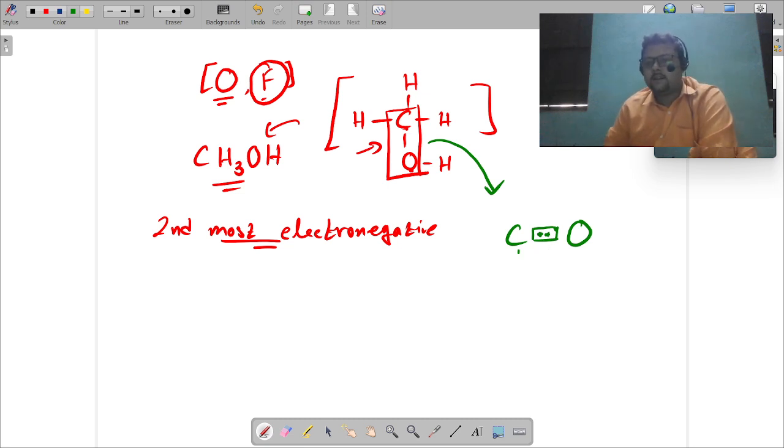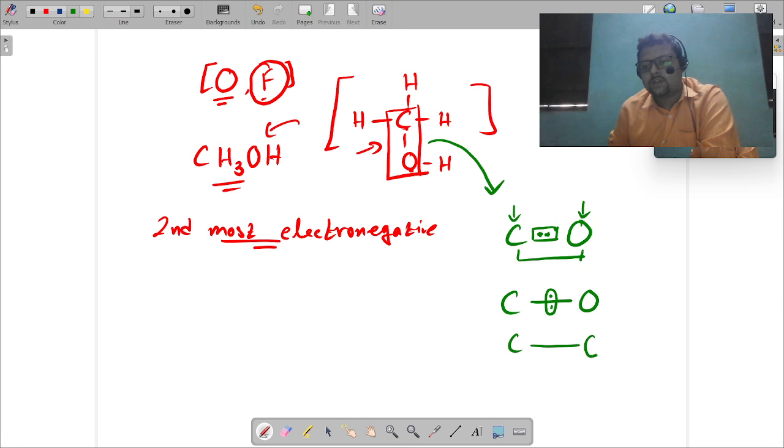Ideally they should stay between the carbon nucleus and the oxygen nucleus. But as oxygen has a tendency to attract the bond pairs towards itself, instead of staying in the middle, the bond pairs will actually move towards oxygen. So let's say they stay here.